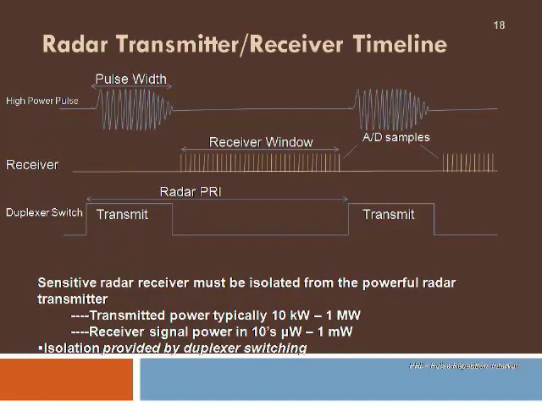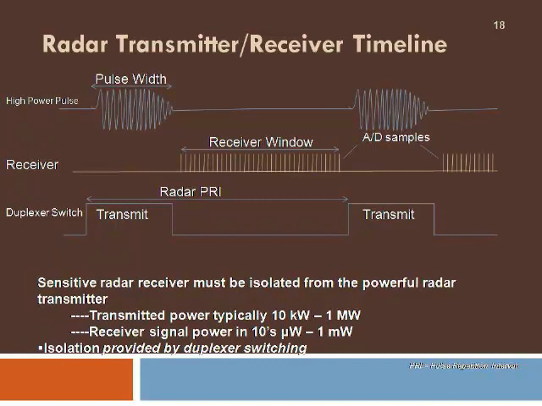So the transmitter power should never be allowed to go into the receiver, because the power level from the transmitter is in the range of 10 power 3, whereas the receiver is sensitive to powers of 10 power minus 20.